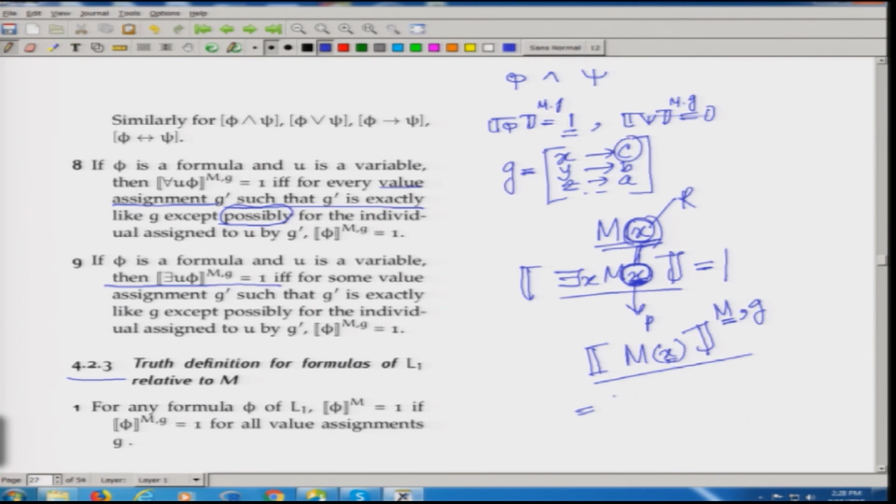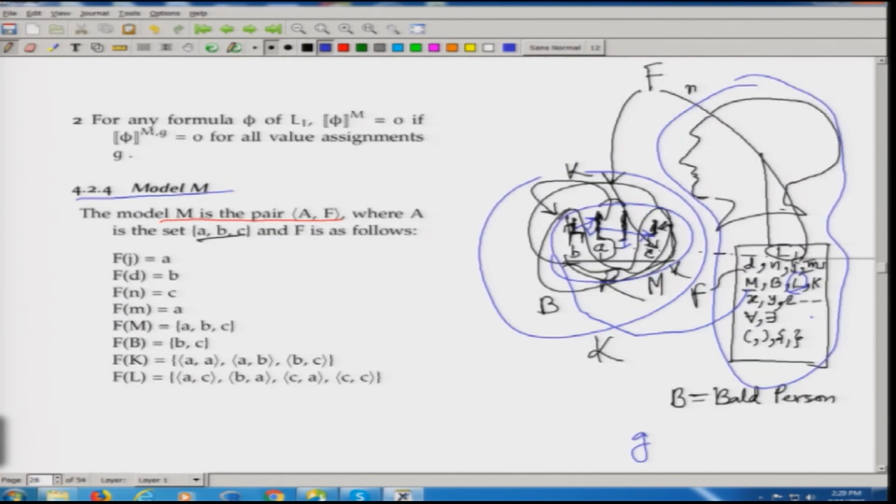So, basically it means the denotation of m with respect to m and g, because if the bases are not the same, we cannot calculate anything. That is the reason we need the base, which takes the denotation of x as a function, and x with respect to m and g. And we know the denotation of m from the model. This is the denotation of m, a, b, c, all three, right?